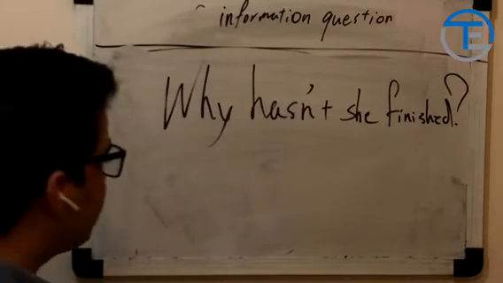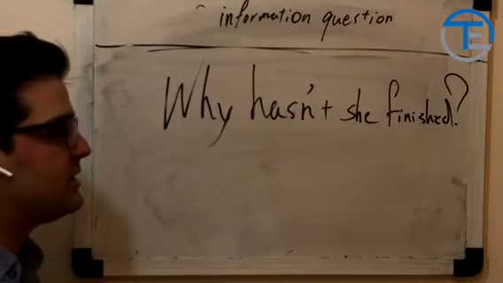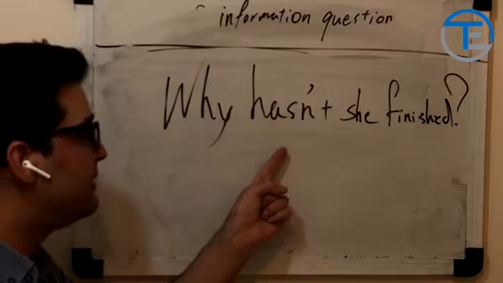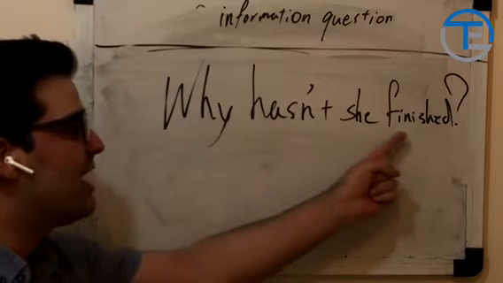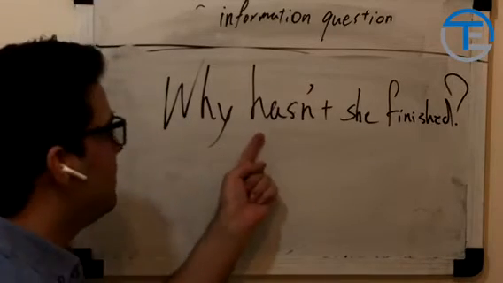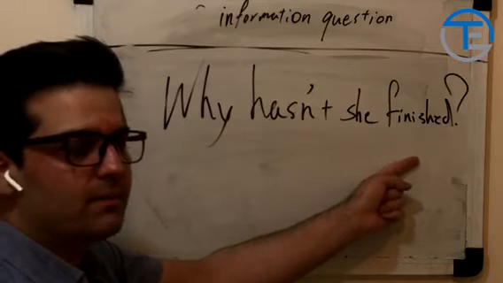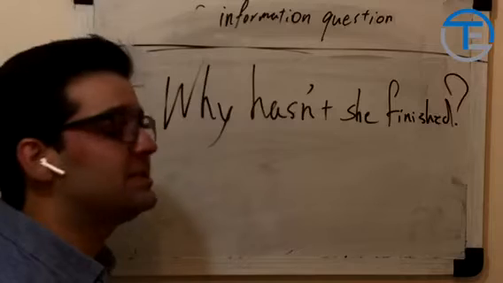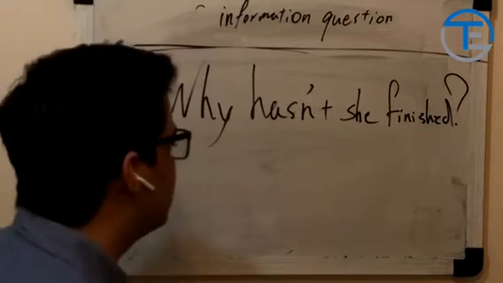Okay, we have a question like this, an information question in the present perfect, because we have has and we have past participle. It is like actually past tense, but past participle is also finished.